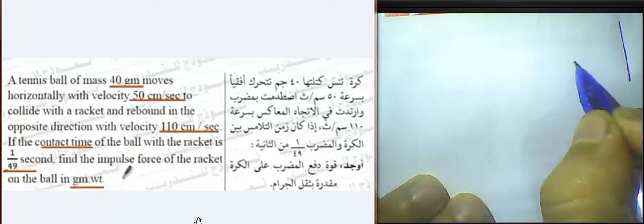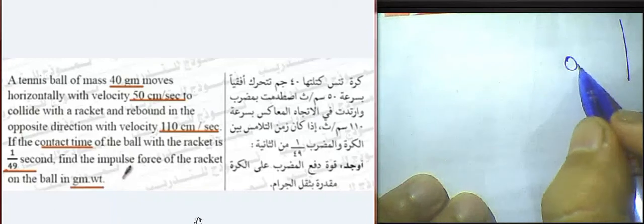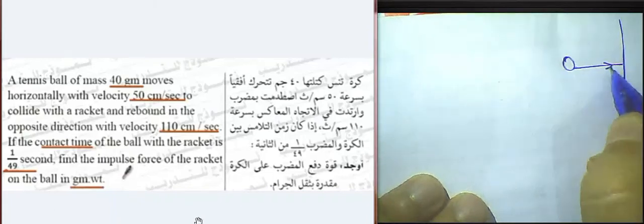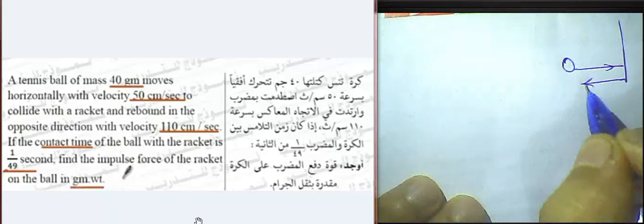Look at here, we have the tennis ball, then they give us the mass was 40 gram, moves horizontally to collide with the racket and rebound.